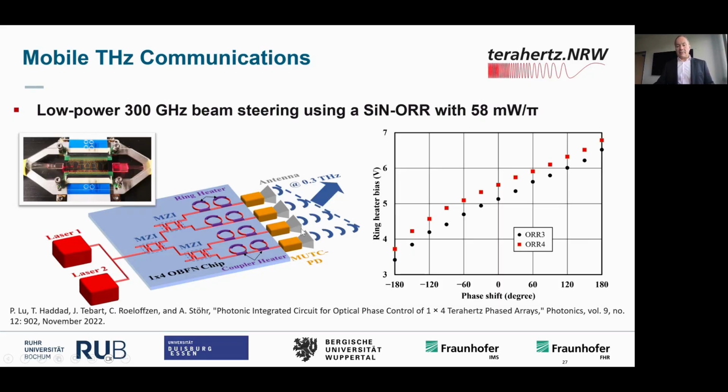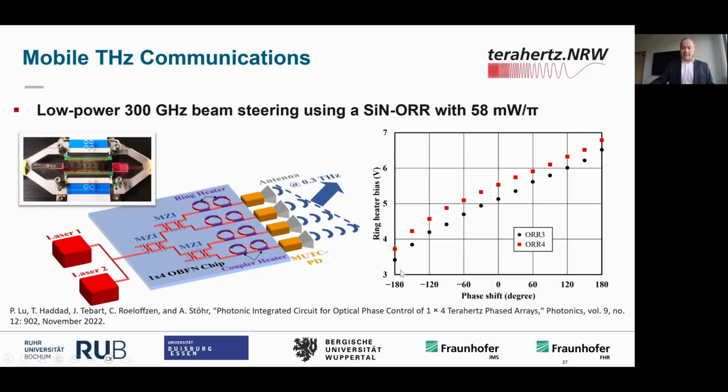So in this example, you see that now the wave front is no more perpendicular to the phase array, but now we have an angle because we have delayed one or all these channels in a way that it now steers the beam into a certain direction.